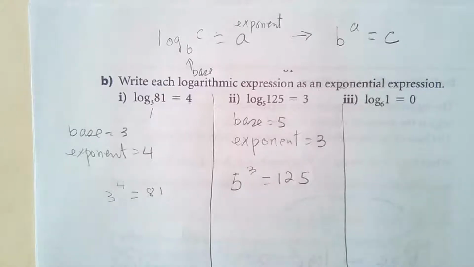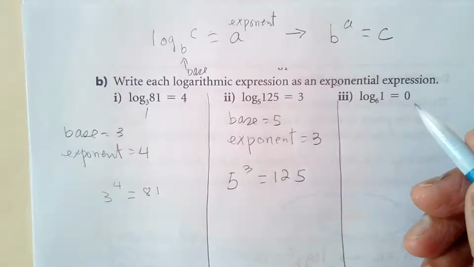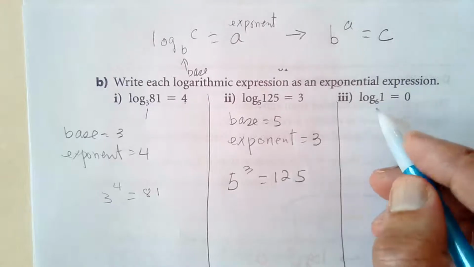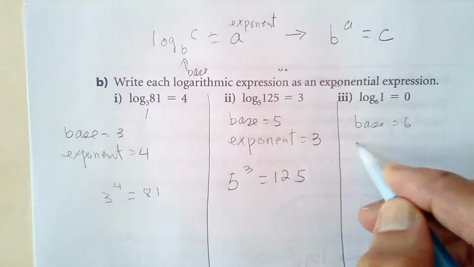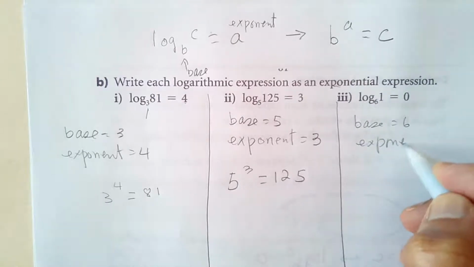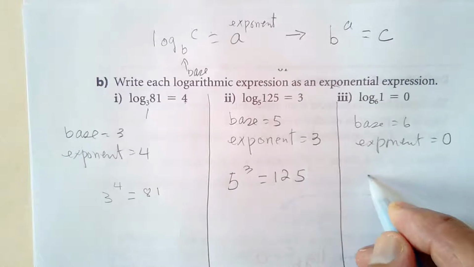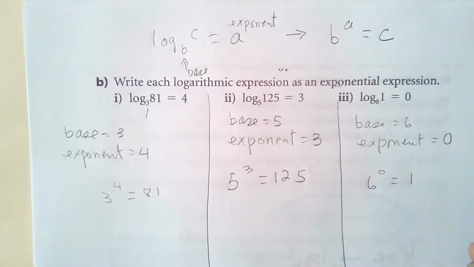The final one, we have log base 6, so the base is 6. Exponent equals 0. So this will give us 6 to the power 0 equals 1.